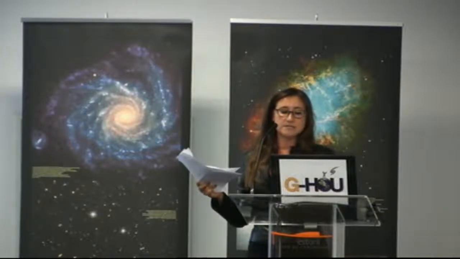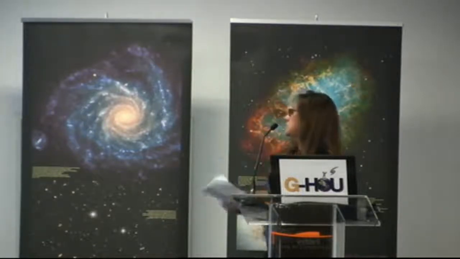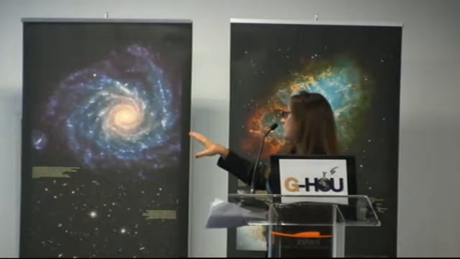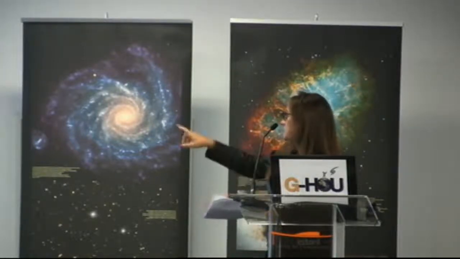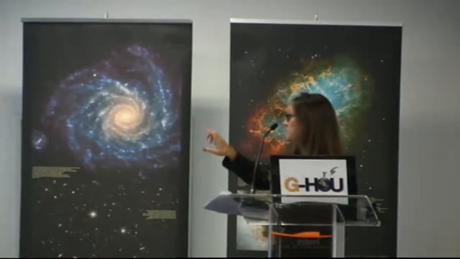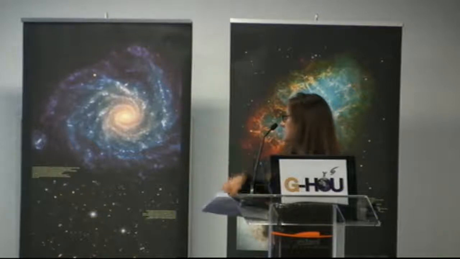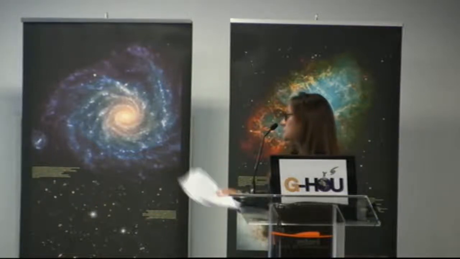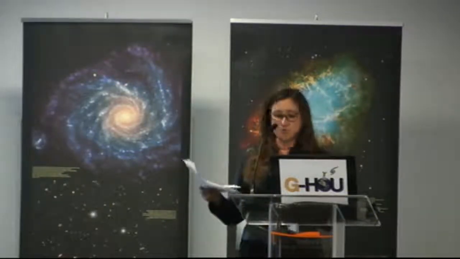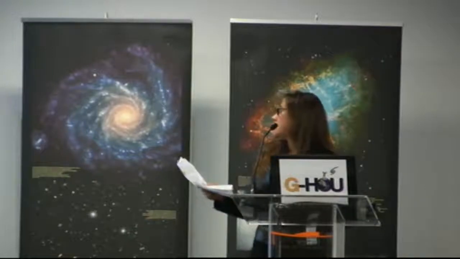And okay, this is the project status, in which we can see that we have done most of the work. We now have to set up the editorial board for the peer review process for the educational material, and we have to finalize the common user interface for the remote control of the network of robotic telescopes. And okay, I finished. Thank you.